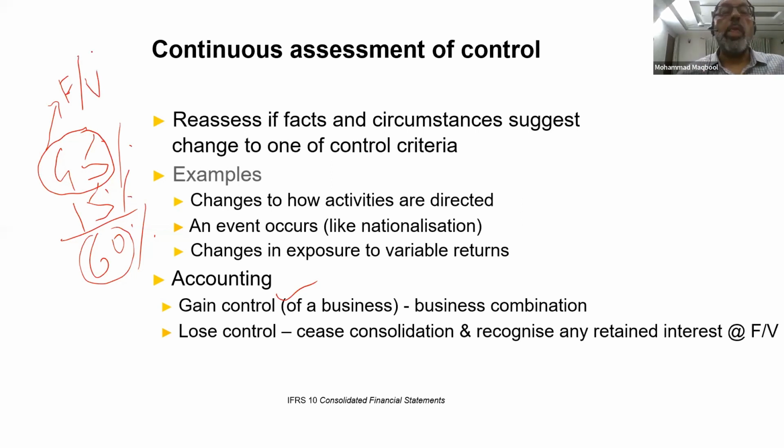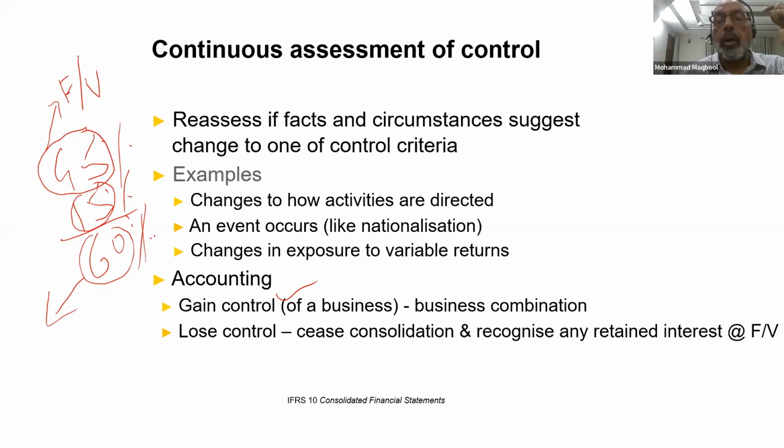Then the new cost plus the fair value of the earlier stake together come to the cost of acquisition of the 60%. So after this point, we need to consolidate. It could be the start of a year, or right in between, the middle of the year, a part of the year where we gain the control. But the combination starts from that date onward. We call it the date of acquisition.